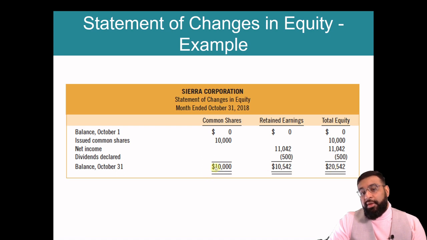As you can see, we have underlines, because 0 plus 10,000 underlined is 10,000, and 0 plus 11,042 minus 500 underlined is 10,542. Once again, the same pattern over here. These have dollar figures and double underlines because these are the final figures of the statement of changes in equity.